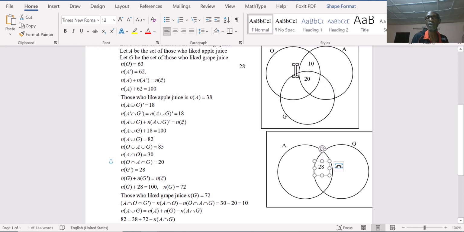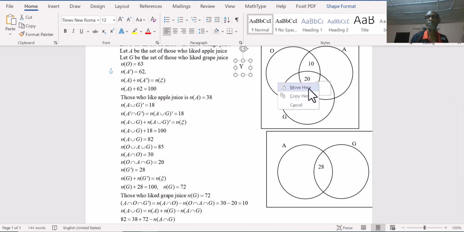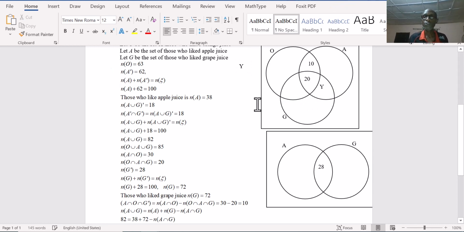Now that same overlap, if you look at it, we have 20, and then let's say this place is y. I'm going to put this as y. Now if you look at these two circles, 20 and y is the same thing as 28 from the diagram.